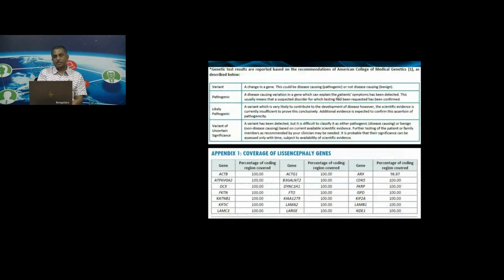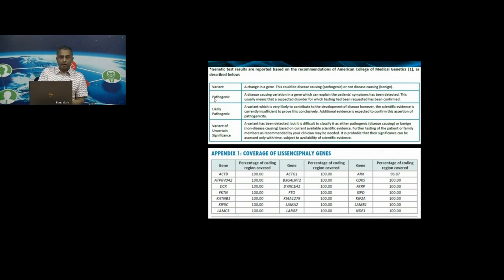The patient for us here is the fetus, now detected. This usually means that the suspected disorder for which the testing has been requested has been confirmed. So therefore, unequivocally, this test shows a pathogenic variant, which means that the PAFAH1B1 gene is the gene which has caused the lissencephaly.